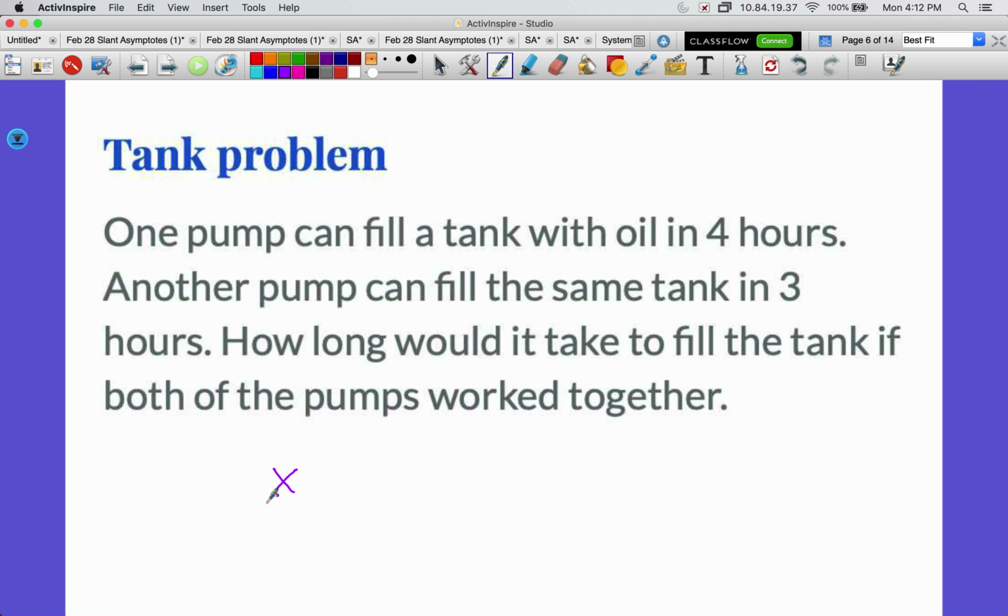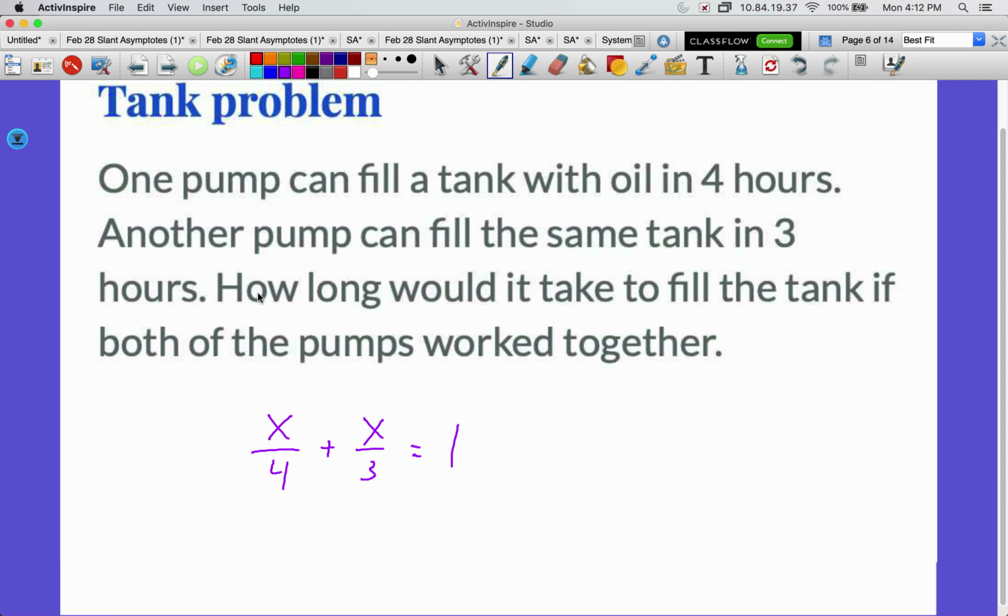All right, so x over 4 plus x over 3 equals 1 tank. All right, this becomes 3x over 12 plus 4x over 12 equals 1.